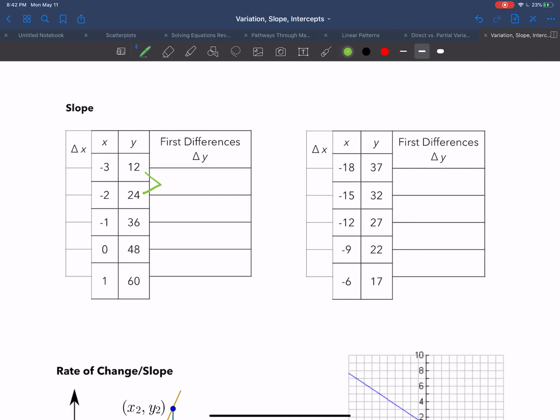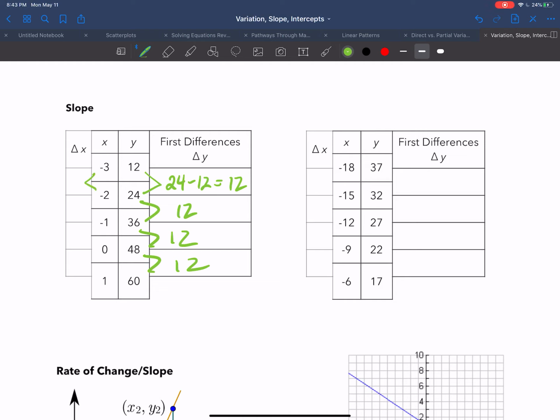In this case, it's going up by 12, and we find that by subtracting the first value from the second value. So 24 minus 12 is 12. If you keep doing that, you know that it's going up by 12 each time. So our first differences are 12.